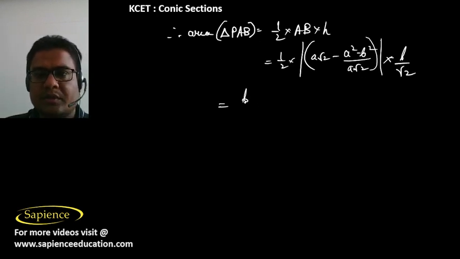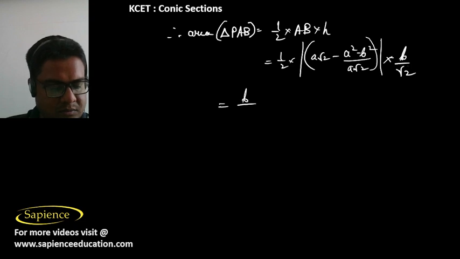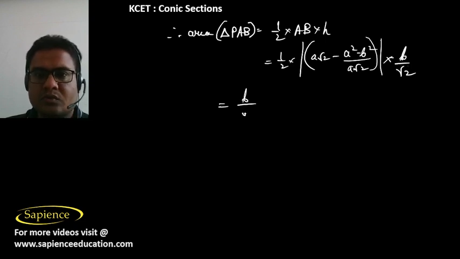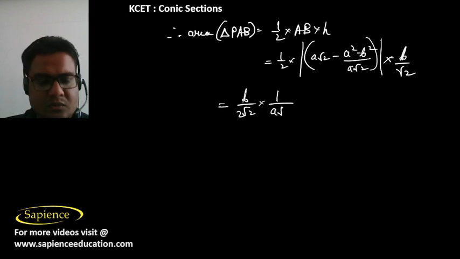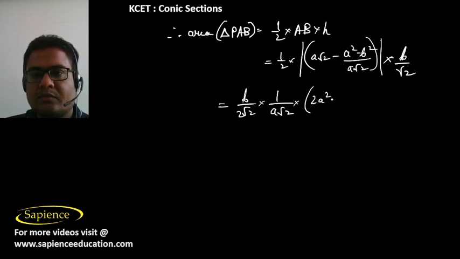So this will be b by 2 root 2 into 1 by a root 2 into 2a square minus a square plus b square.